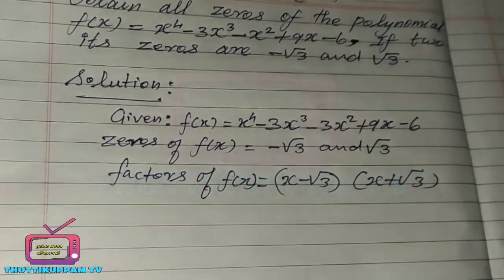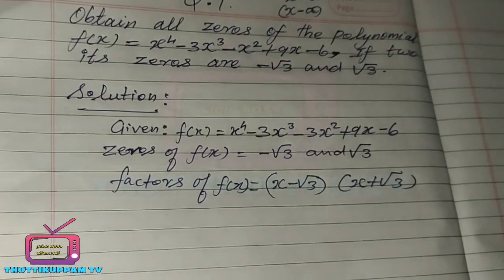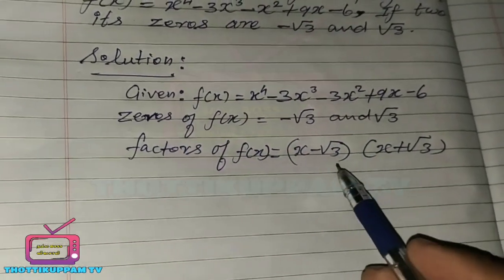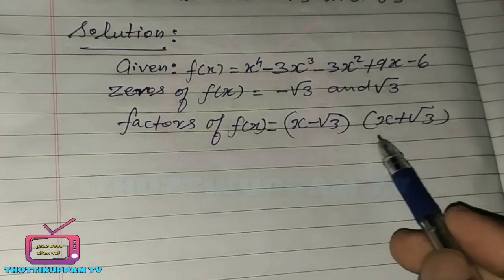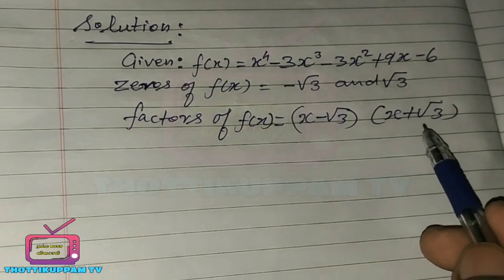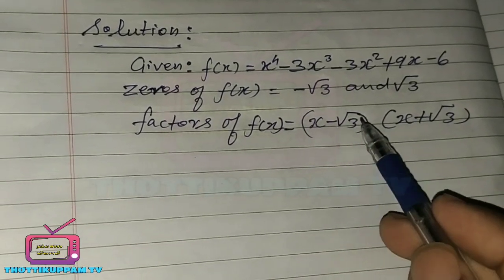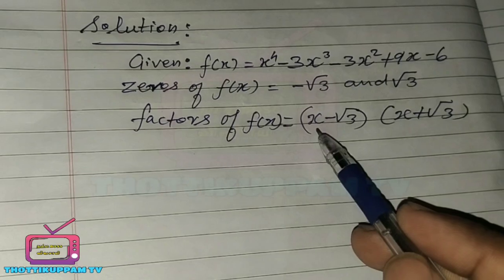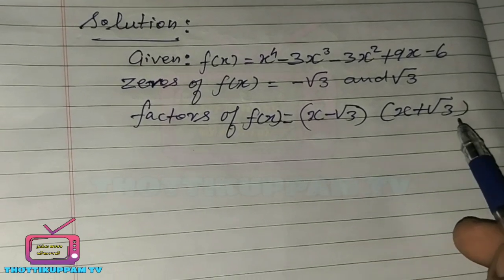Now we need a divisor. So to find a divisor, we have to do one understanding. See, you see this factor, it looks like algebraic formula expansion. x minus root of 3, x plus root of 3, it looks like a minus b into a plus b.